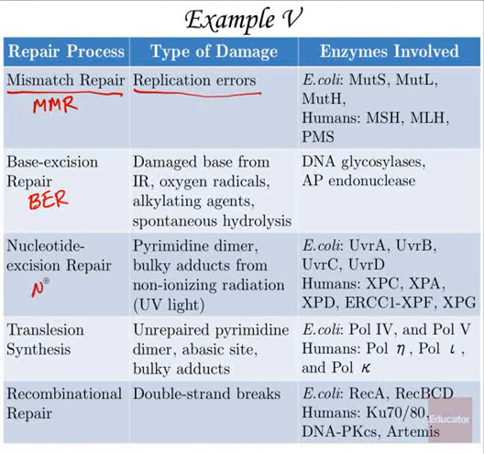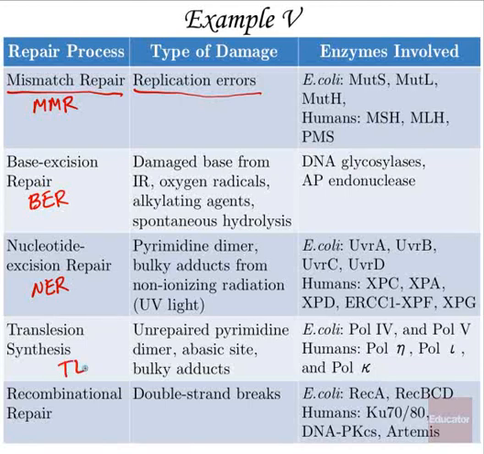We then go to nucleotide excision repair, okay, NER, and we can use this to fix pyrimidine dimers, bulky adducts from non-IR, so say our UV light, remember our thymidine dimers. This is where the UVR complexes in E. coli come in, or the humans, we have the XP complexes as well as about 25 other proteins.